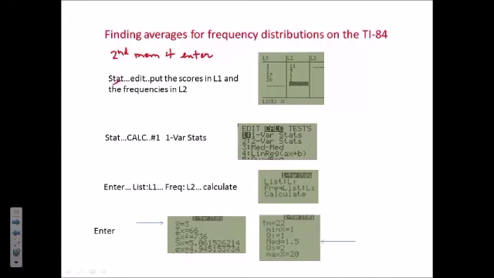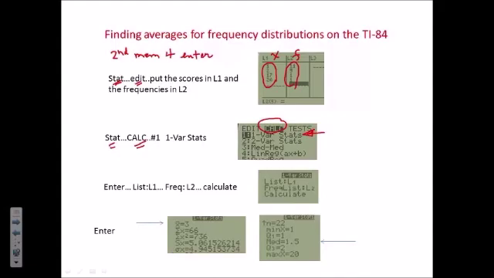Then press Stat, Edit, and enter into L1 the scores, the X's, and enter into L2 the frequencies. Now press Stat, Calculate, choose the first option in the menu, one variable statistics, press Enter.